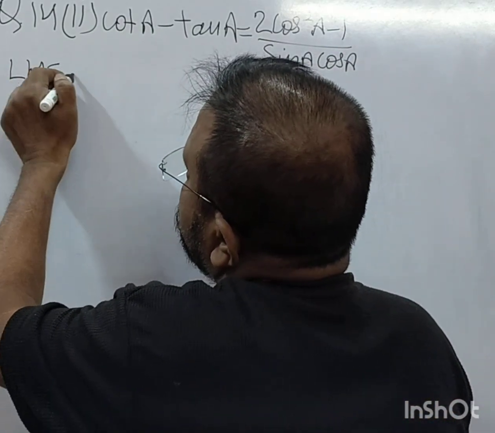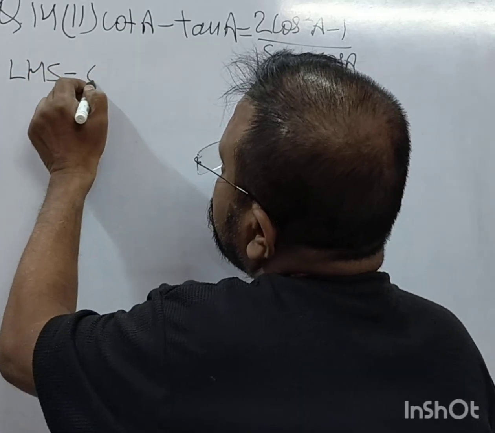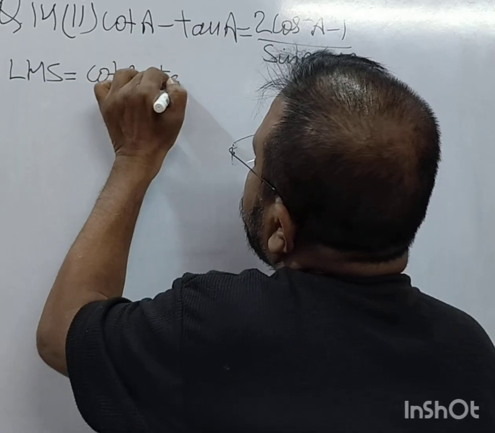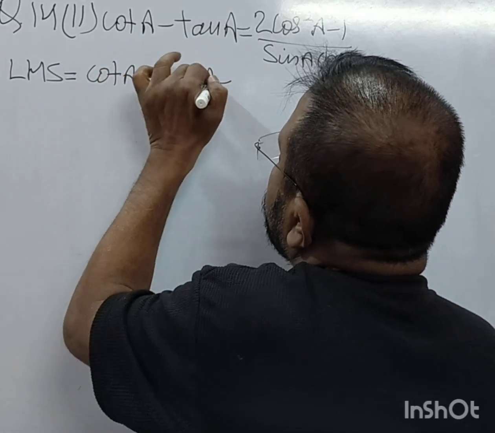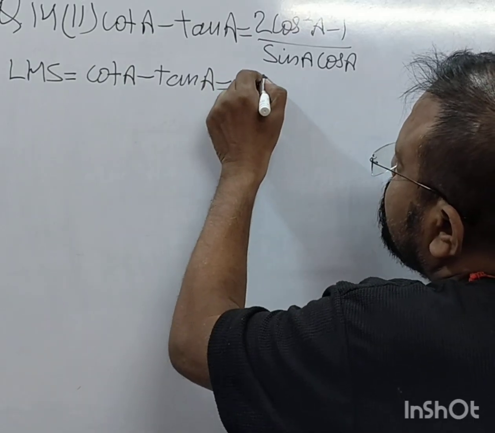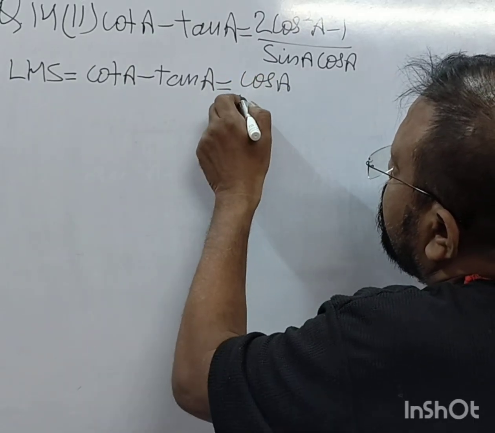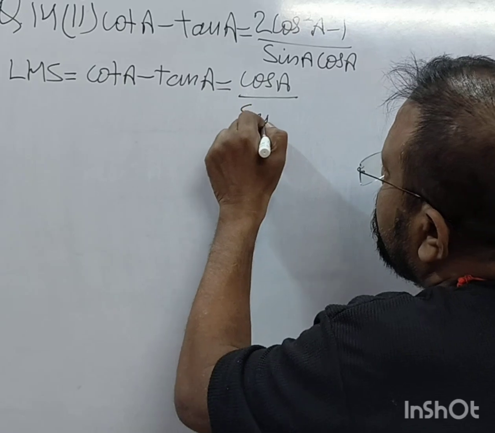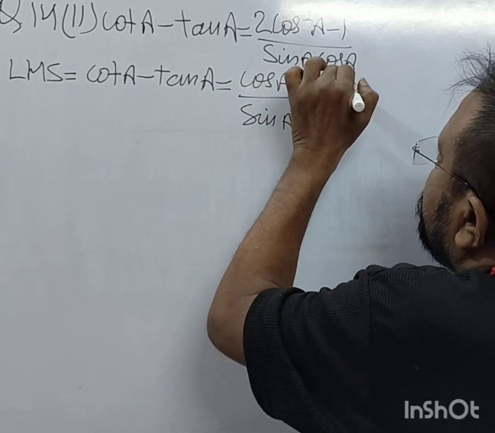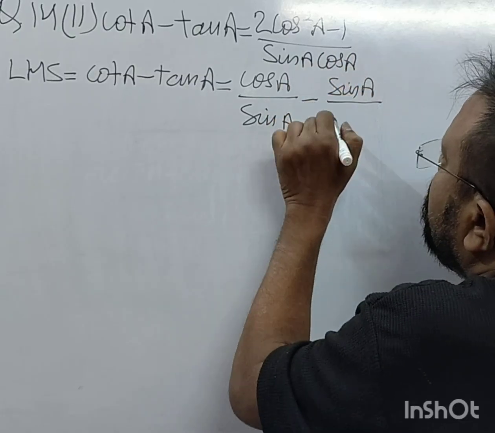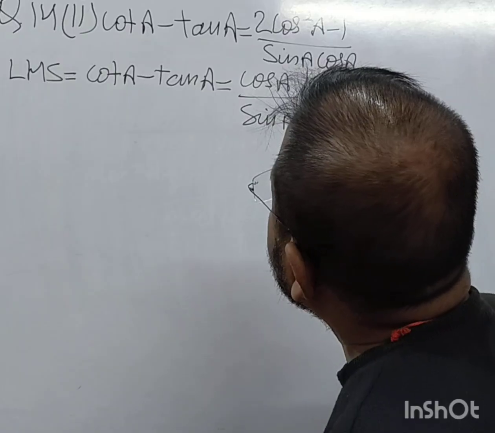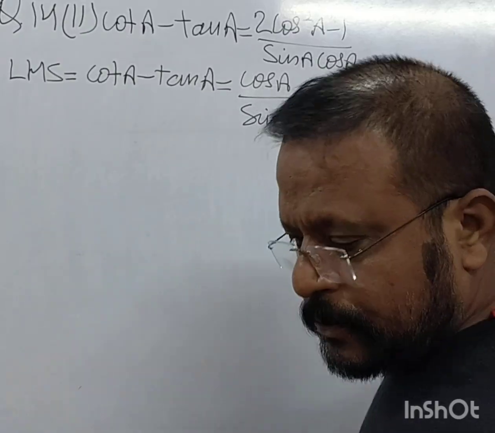So LHS is equal to cot A minus tan A, which is equal to cos A upon sin A minus sin A upon cos A, right? So what do you do?